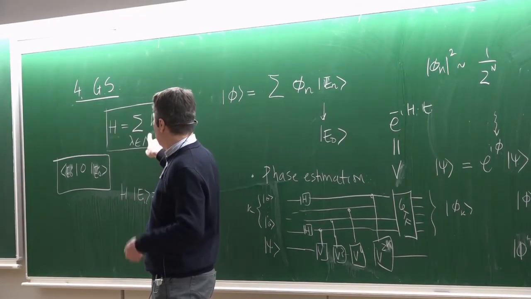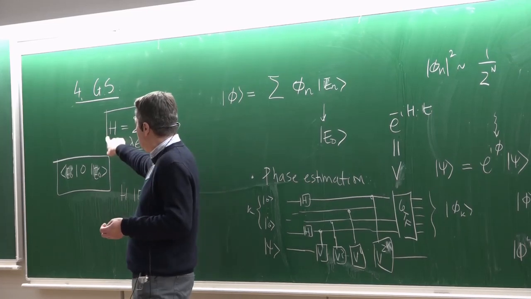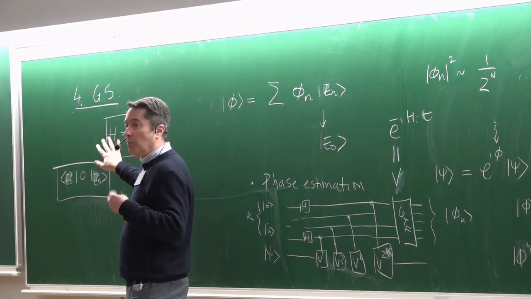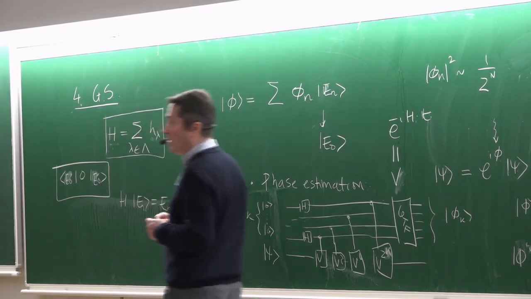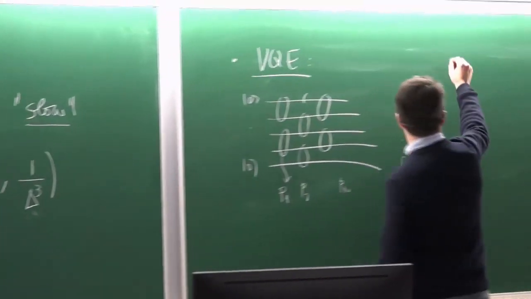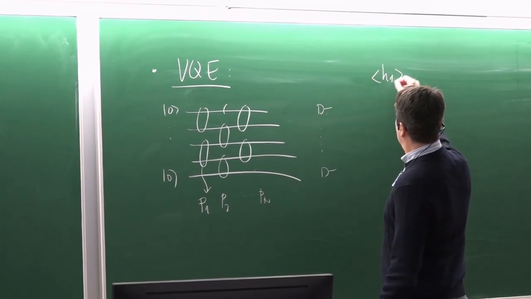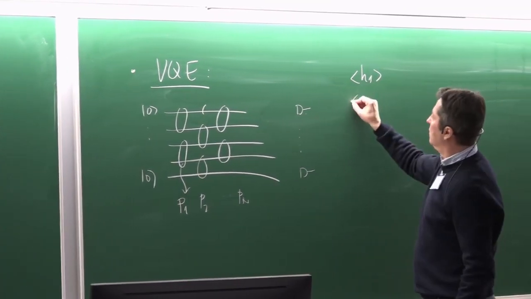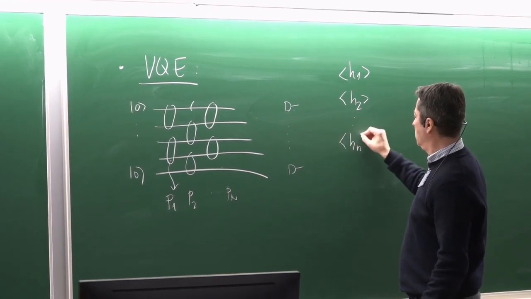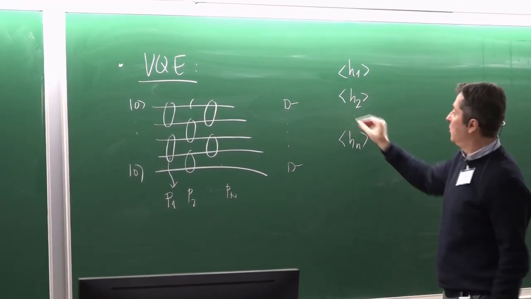If they don't commute, measuring them independently will not give you an eigenstate as a product, so that's not useful. However, if you want to compute the expectation value of the energy, then you can do it individually. So you can repeat it many times and measure the expectation value of H1, then in another sequence you measure H2 many times, up to Hn, and then at the end you sum those expectation values.